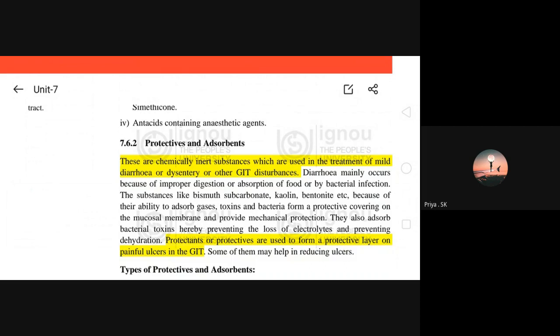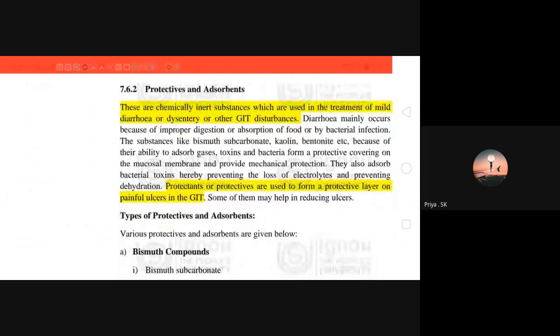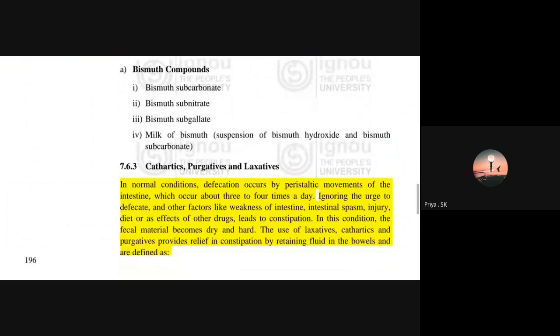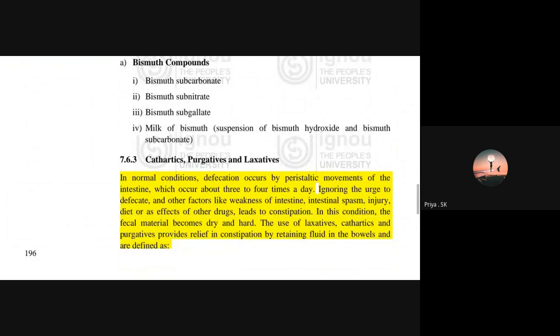So there are different substances which protect the intestinal epithelium from any type of injury or any type of inflammation. These are called protectives and adsorbents. These can be bismuth compounds and milk of bismuth. Then there are cathartics, purgatives, and laxatives.